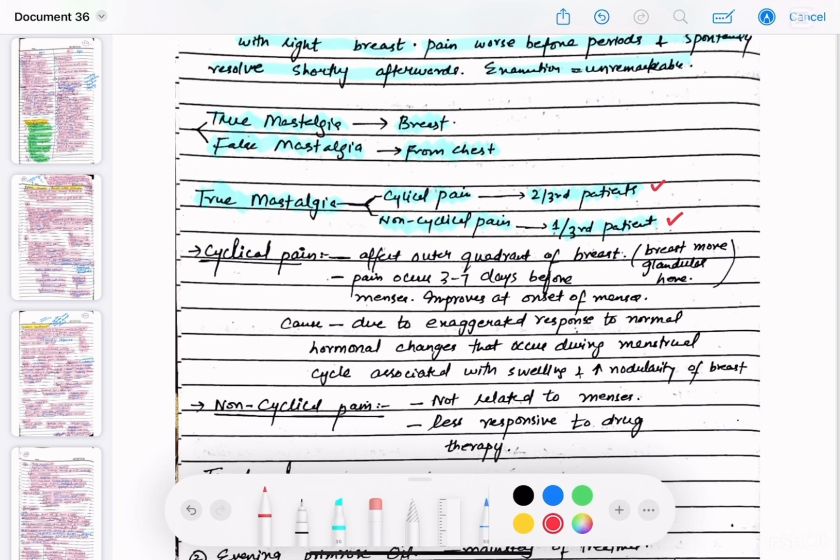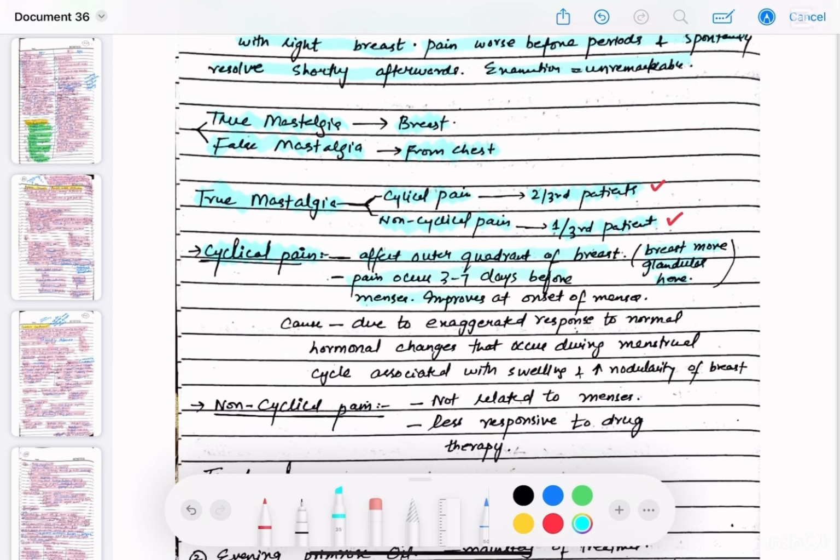Now the cyclical pain. The cyclical pain affects the outer quadrant of the breast, and the breast is more glandular at the time. Pain occurs 3 to 7 days before the menses and improves at the onset of menses.